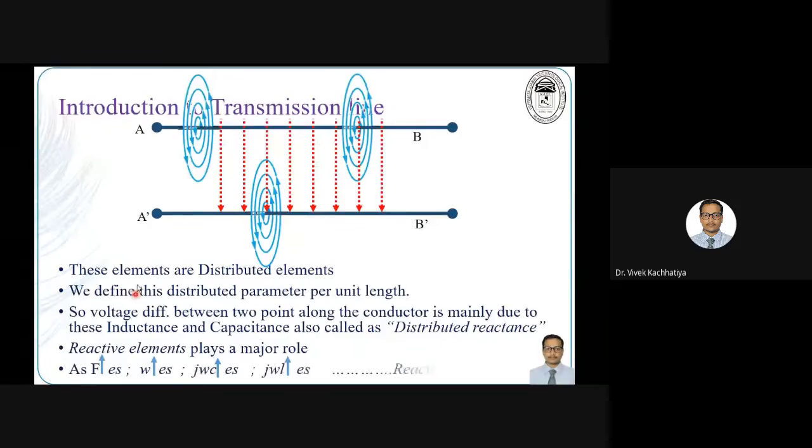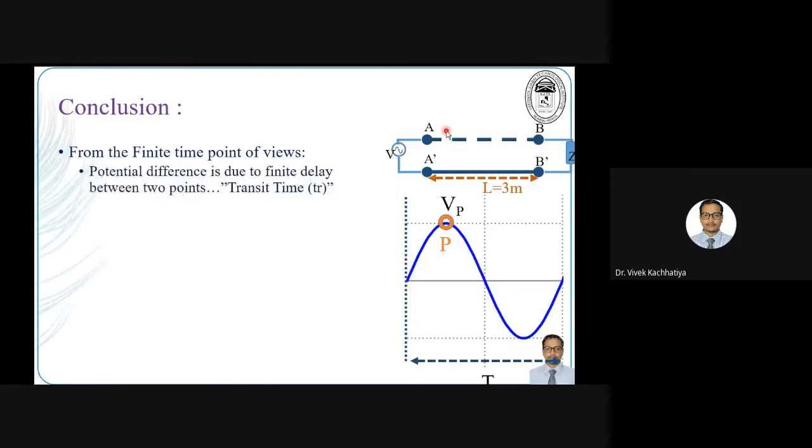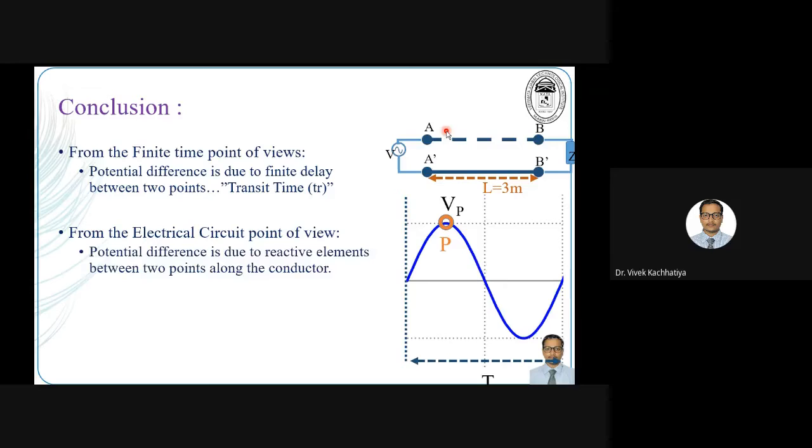As my frequency increases, my angular frequency 2 pi f increases, so the reactance increases, and this reactance gives us a voltage difference between two points along the length of this conductor. We learned this from the finite time point of view, where we defined this parameter as the transit time. From the electrical point of view also, we understood that this potential difference is due to reactive elements.